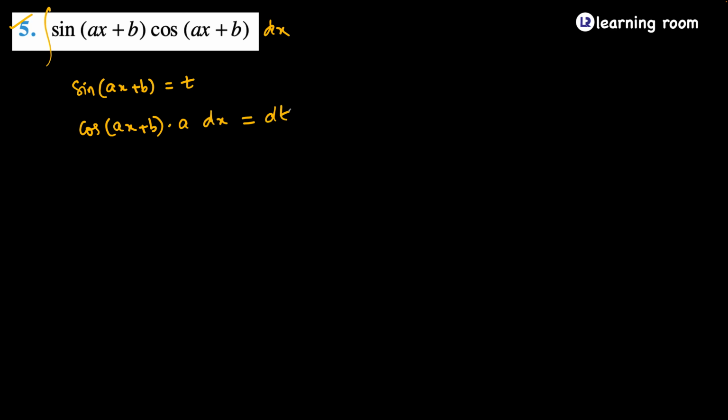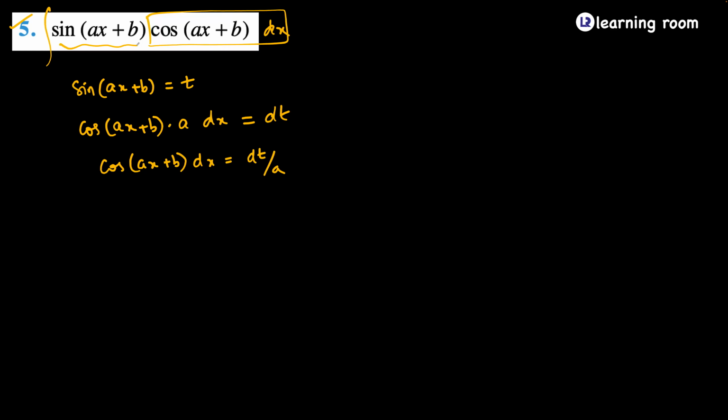The derivative of b is 0. So all that we need is cos of ax plus b times dx, that is equal to dt divided by a.